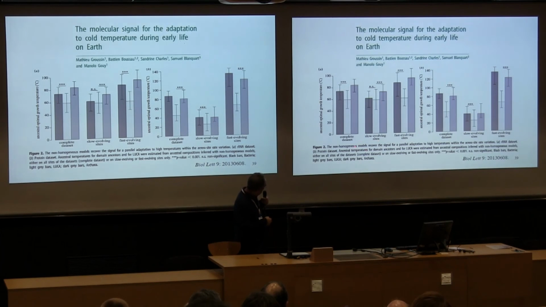The slow evolving sites are closer to the ancestral state of the molecule, so they contain more information about the temperature at which the ancestral organism lived, because those slow evolving sites today are still relatively close to the state they had very remotely in the past, whereas the fast evolving sites have been more transformed, and their present state informs us more about the shallower parts of the tree.